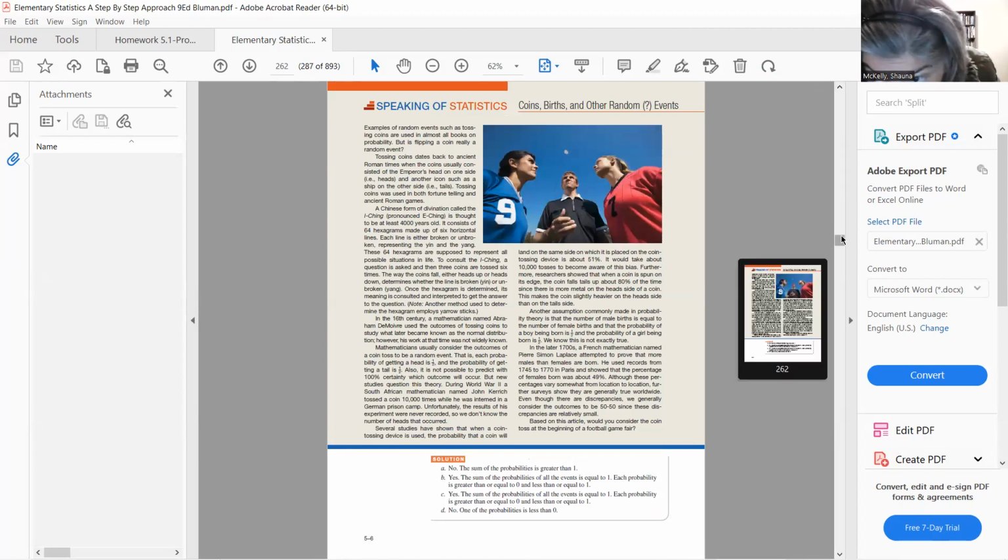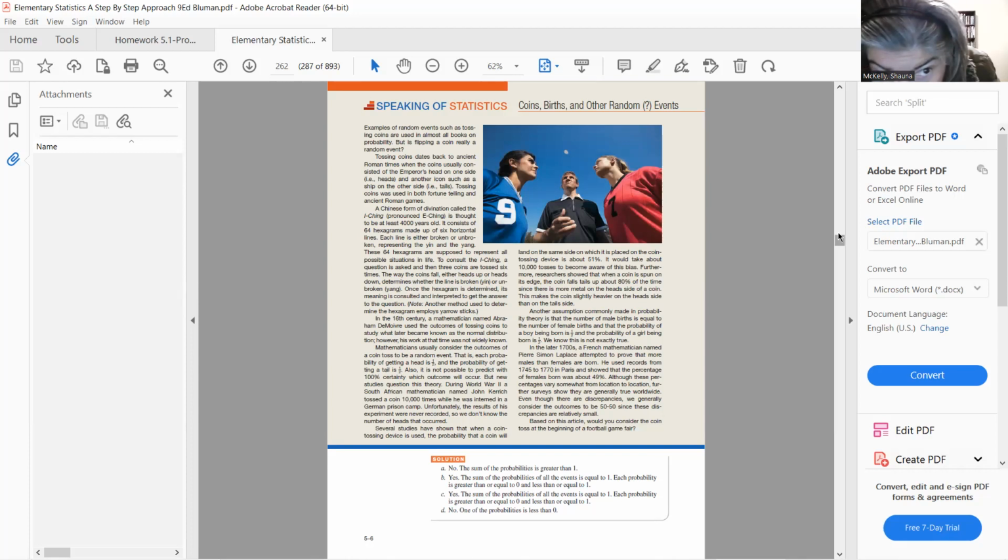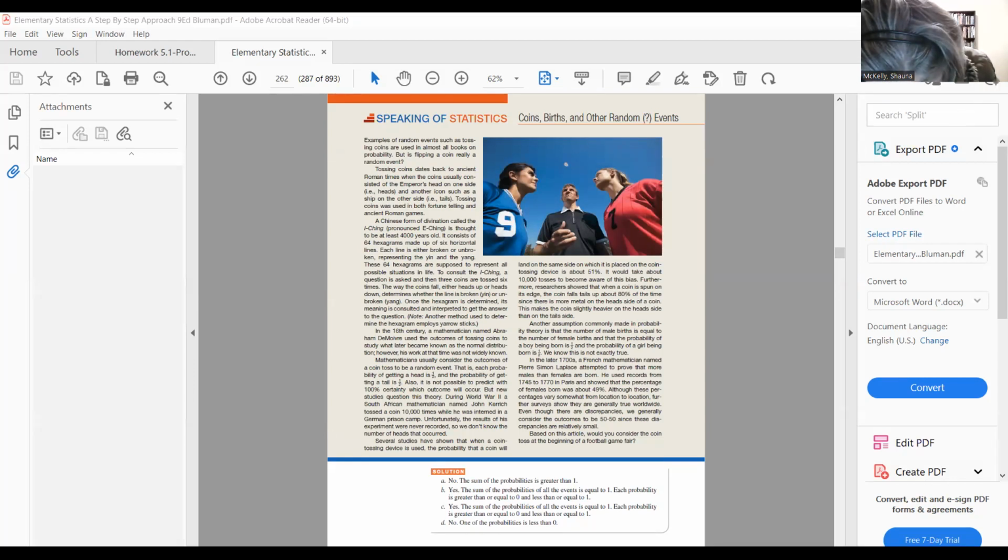So let's look at our distribution here. We're gonna change our screen share and go to the homework here, and we're gonna click out, and we're gonna pull the distribution out.